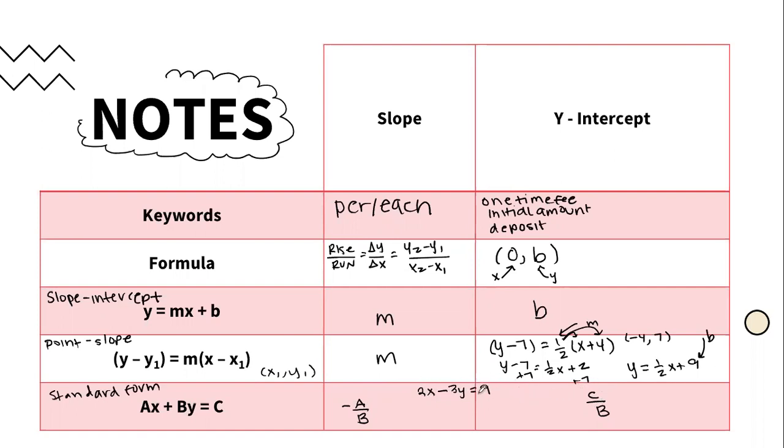But others of you, like myself at times, I need to just go ahead and solve this for y. So I would subtract 2x from both sides, and I believe Noah's the one who led us last class through this. So subtracting 2x from both sides, that would give us -3y equals 9 minus 2x.